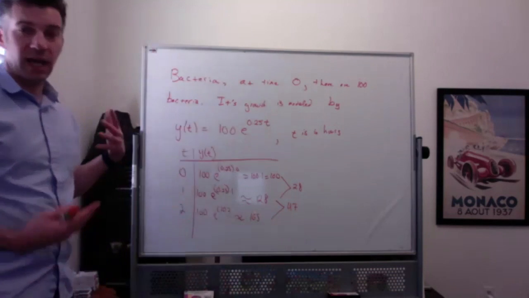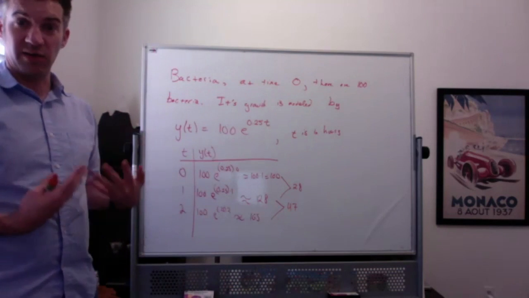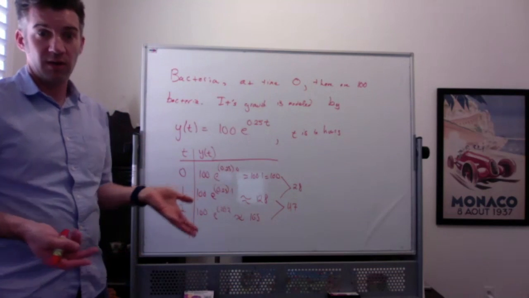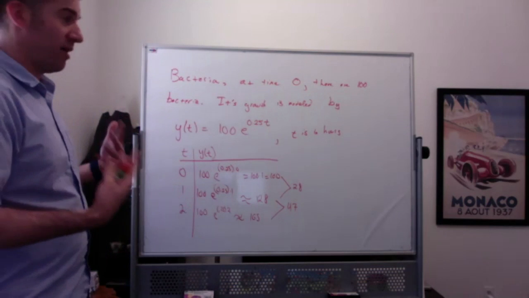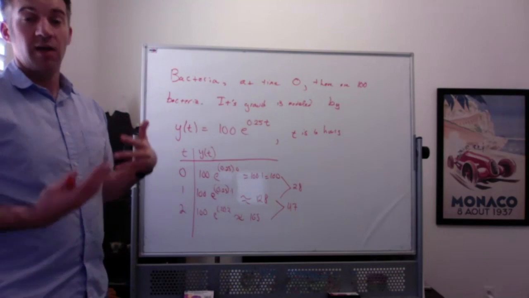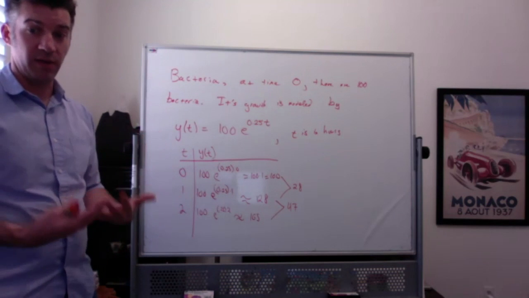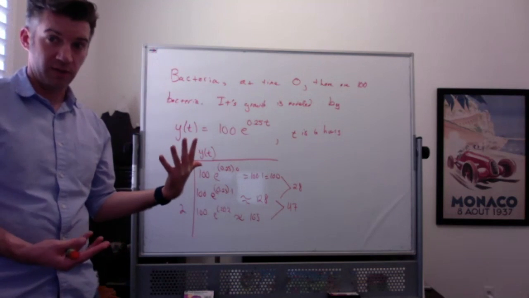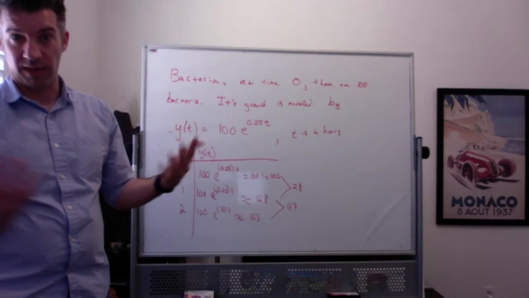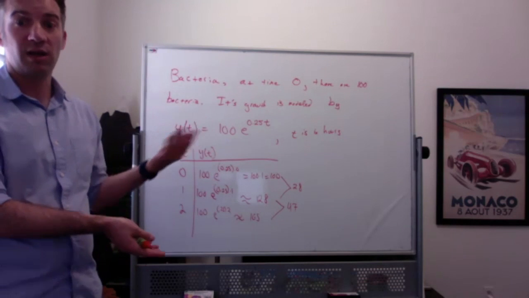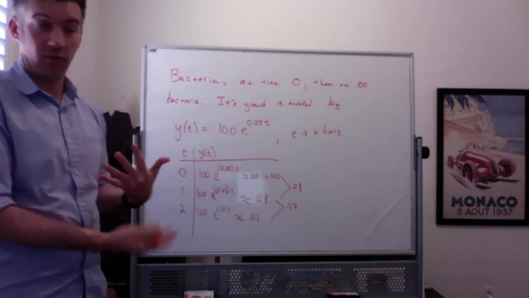So in that first hour, the rate of growth is 28 bacteria per hour. In the second hour, the rate of growth is 47 bacteria per hour. So you can see, right, that the rate of growth every hour is going to be larger because the rate of growth is proportional to the population size. The bigger the population, the bigger the rate of growth. That's the whole point in this example, just to see that, oh yeah, as you have more population, you have a higher, faster rate of growth.